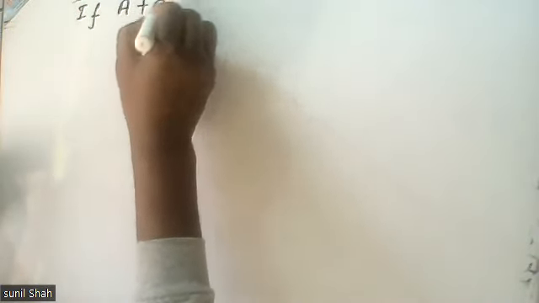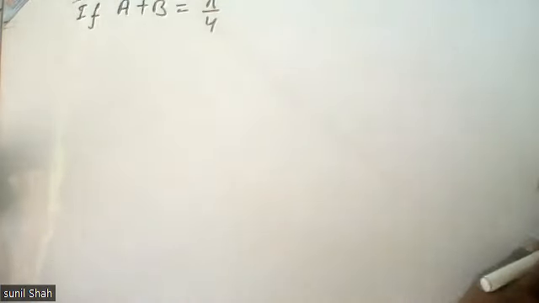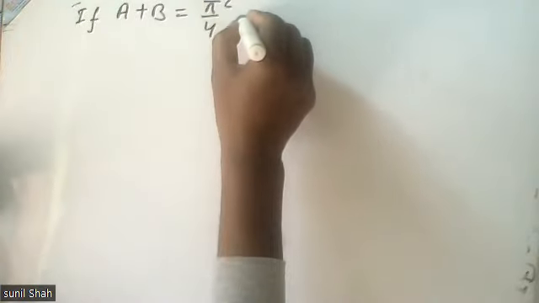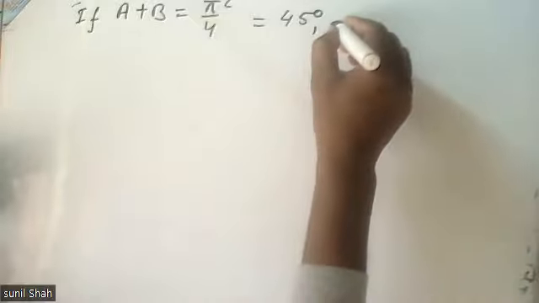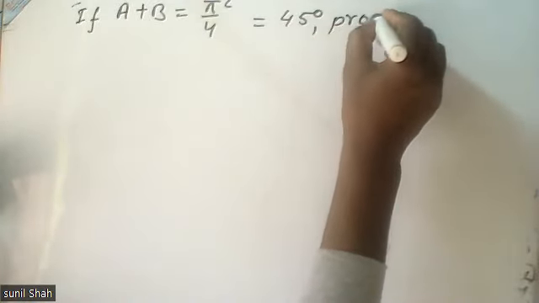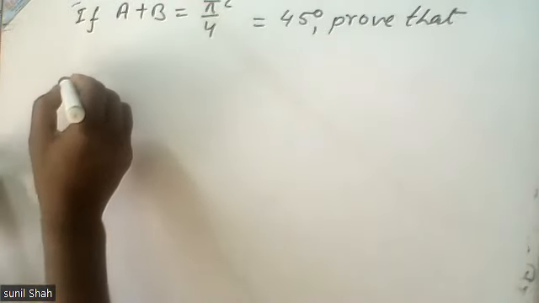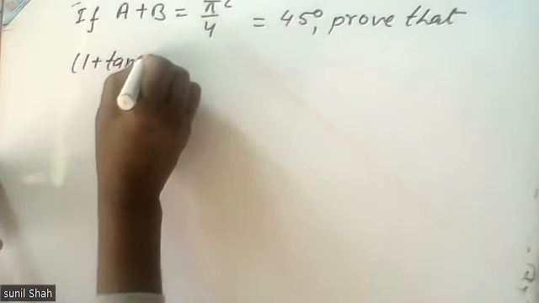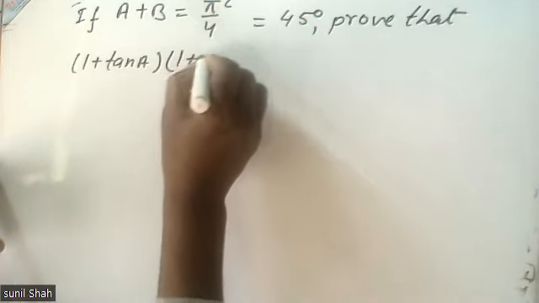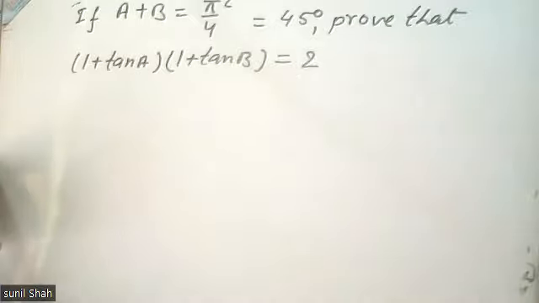If A plus B is equal to pi by 4, that means 45 degree, pi by 4 radian or 45 degree, then prove that 1 plus tan A times 1 plus tan B is equal to 2.